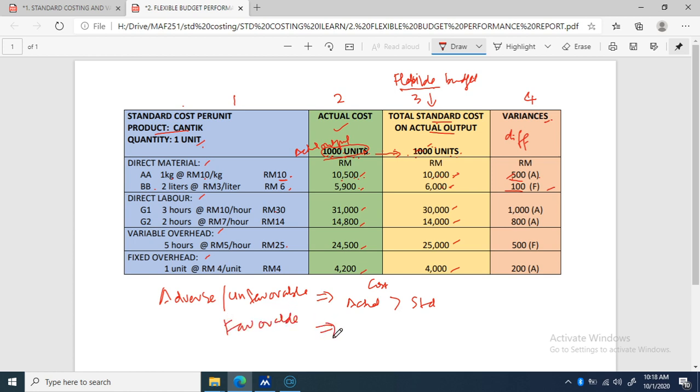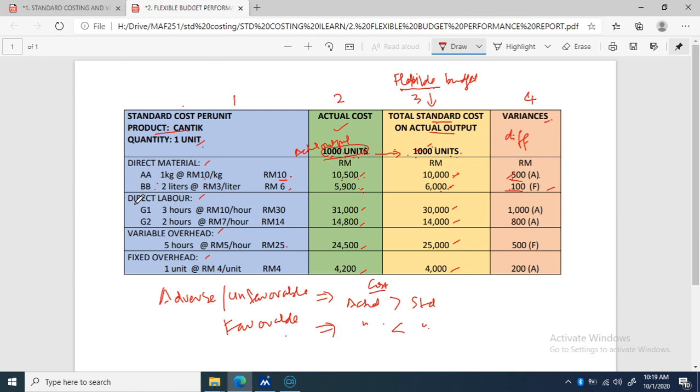Favorable means actual cost is less than standard cost. This is good for the company, favorable, because you can save money. The company can save 100 in spending on double B material.